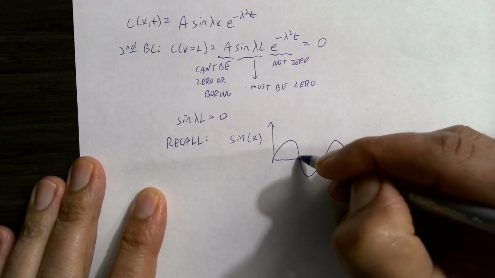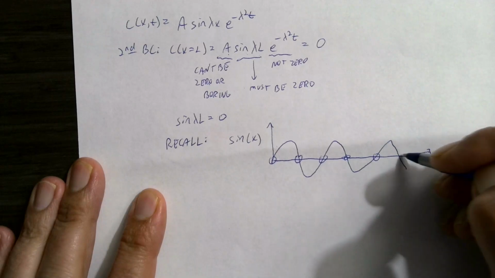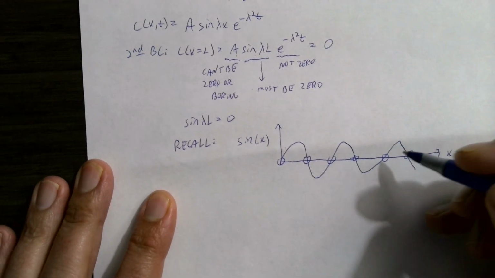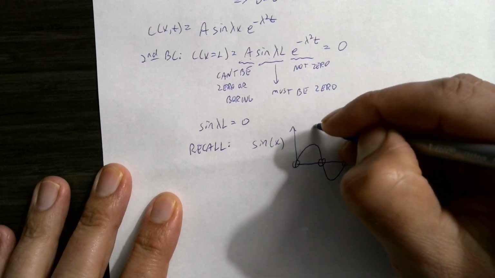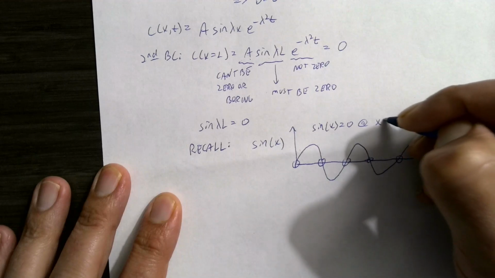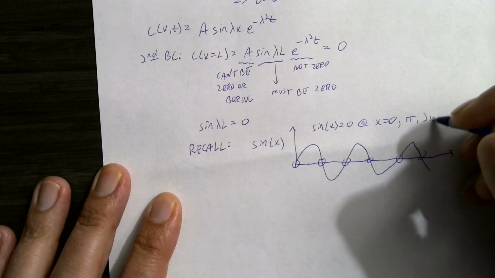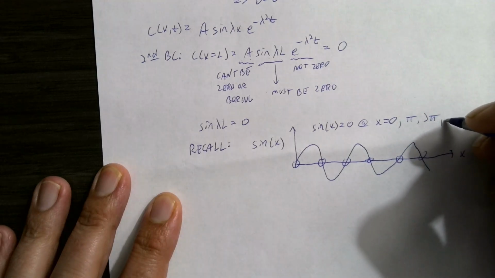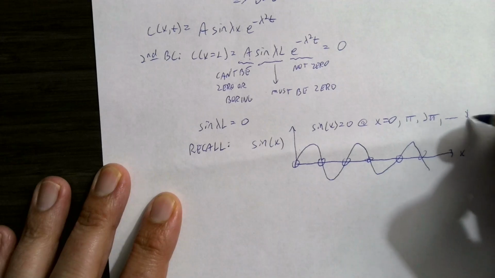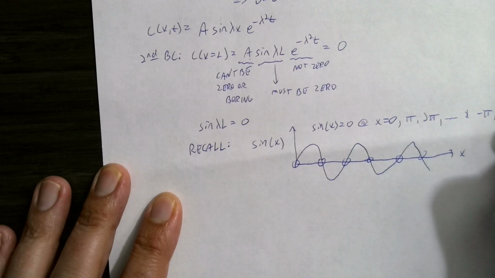And so it's got a 0 here, there, here. All these points are 0. All right. So sine of x is equal to 0 at x equals 0, at x is equal to pi, 2 pi, dot, dot, dot, and negative pi, negative 2 pi, dot, dot, dot.